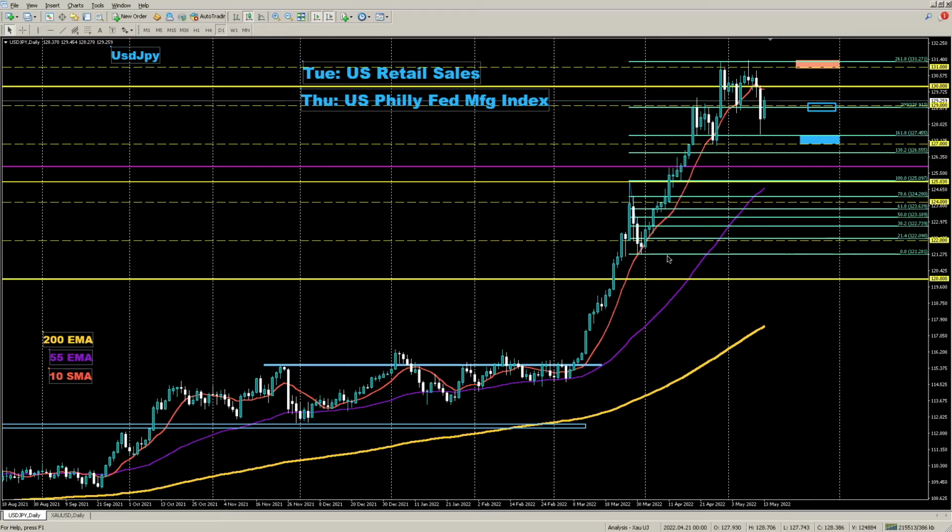So there could be further consolidation. At the moment, it doesn't seem that it's going to punch through this key resistance zone, having fallen back below the 130. So it may just consolidate in this area between these two zones here.